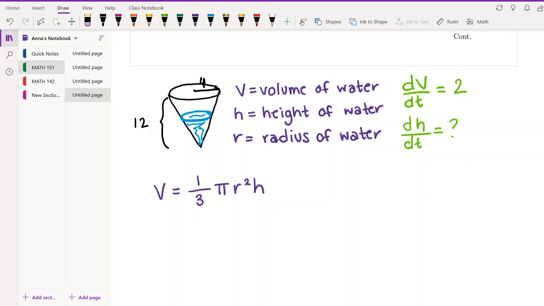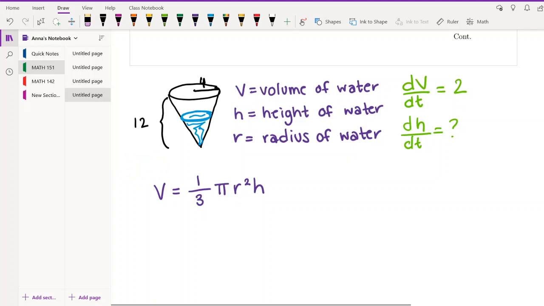So we did a question like this, or similar to this, on a worksheet. And basically the idea is that any cone of water that you draw in here, so like imagine that this water level went down and now it's down here, or when there was more water, it looked like this. All of those cones have the same shape as the original cone, right? They're proportional. It's not like you would have a cone of water that was super wide like that, right? It has to fit into this cone.